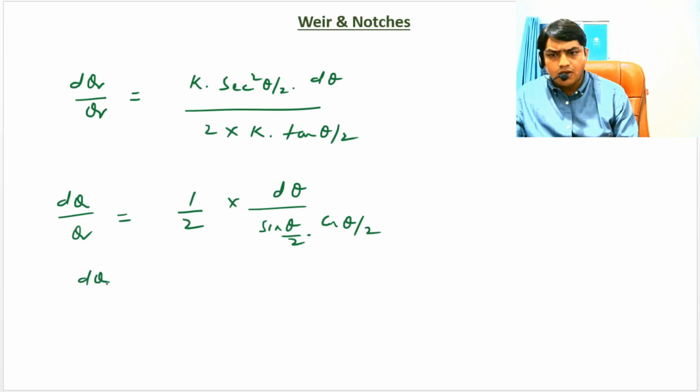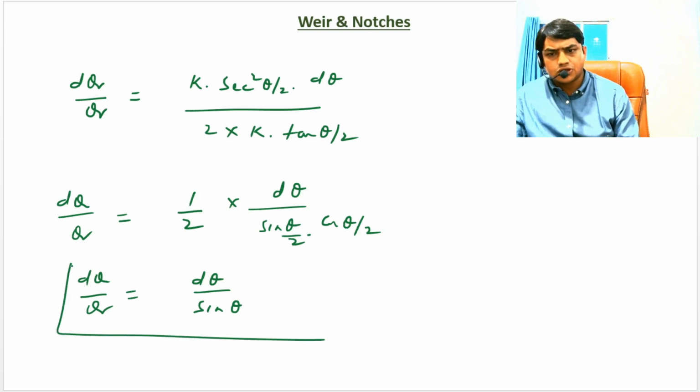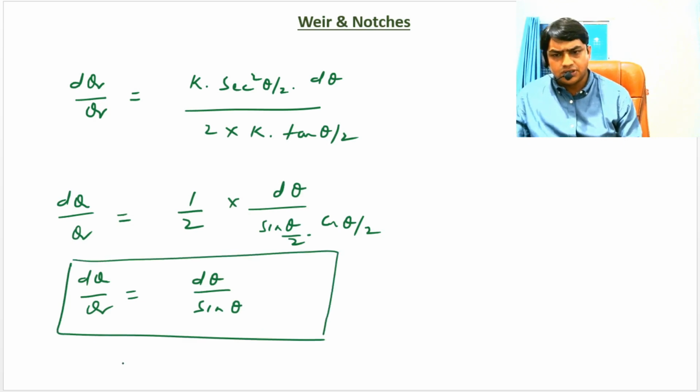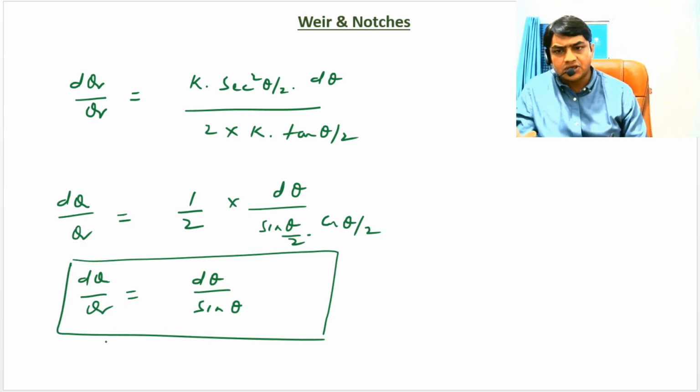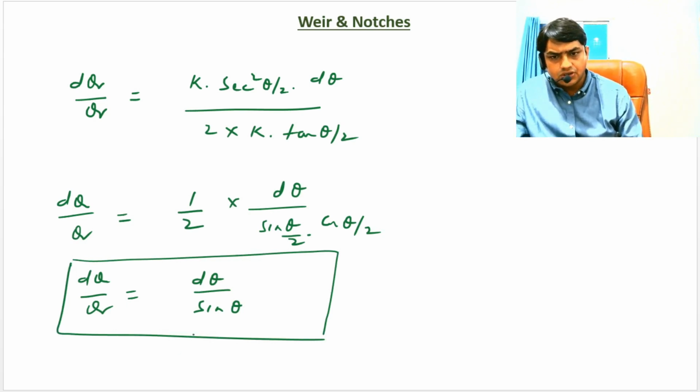So dq by q can be written as d theta by 2 sin theta by 2 cos theta by 2, which is d theta by sin theta. This is the discharge variation in a V notch when theta changes.